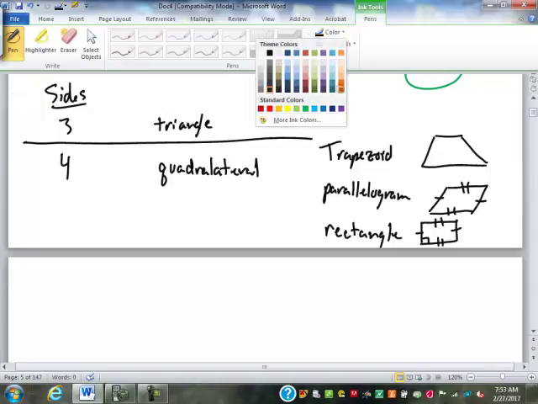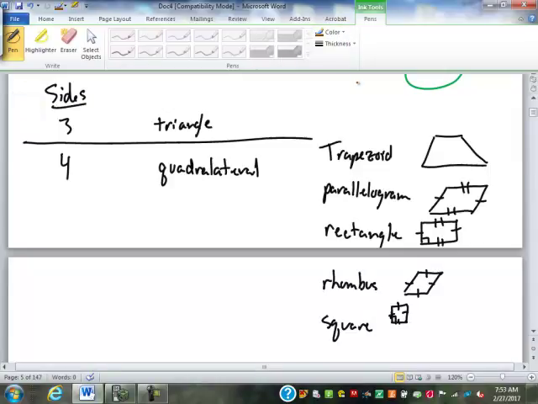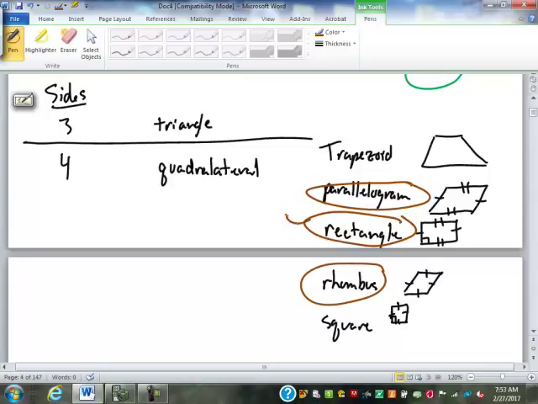So when you're looking at these, some of these can be several things. For example, a rhombus is a rhombus, but it is also a parallelogram. It's a parallelogram with all 4 sides equal. A rectangle is a rectangle, but again, it's also a parallelogram because it's a parallelogram with right angles. A square is a rhombus and a rectangle and a parallelogram.